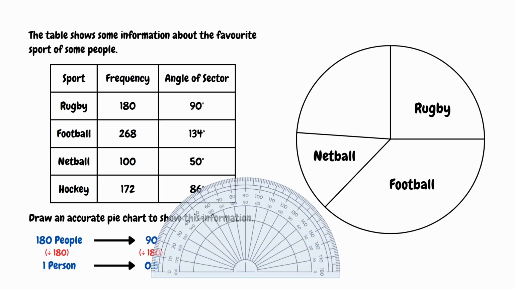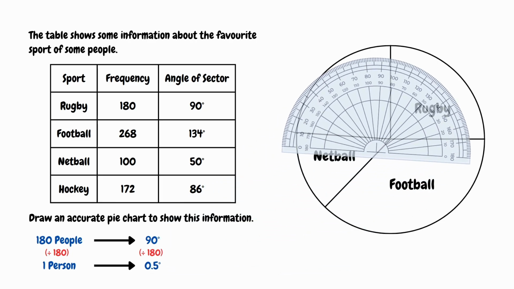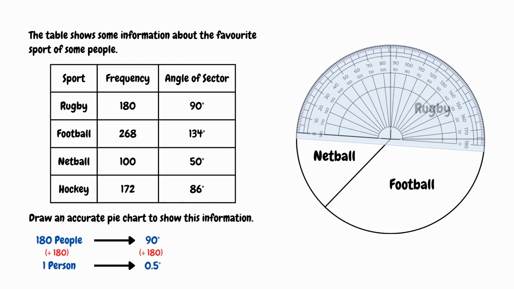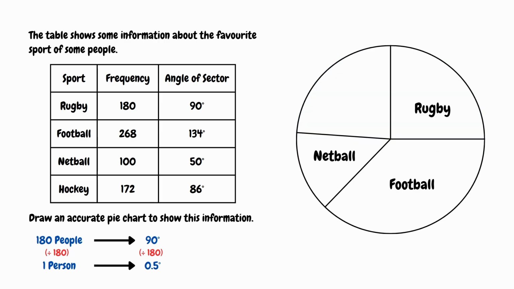So using our protractor one final time, lining it up with the centre of the pie chart, we're using the outside numbers. We can see that the angle of this sector would in fact be 86 degrees. So we know we've drawn an accurate pie chart. So the final step is to label our final sector hockey. And that would be our completed pie chart.